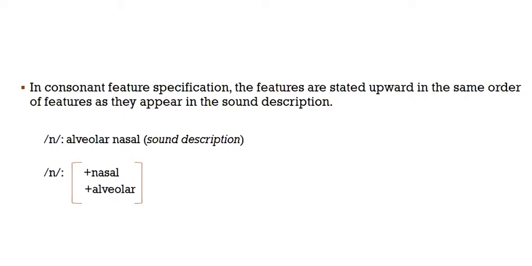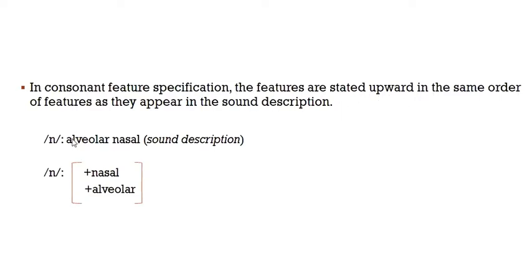Perfect. So, okay, going back to the sound description, we have alveolar nasal. Remember there is only one alveolar nasal, so I don't have to specify any other feature. When you go to the feature specification of N, the features, as you can see in this description, are stated upward.